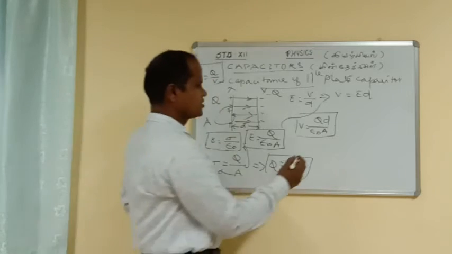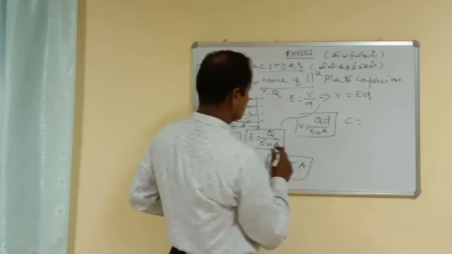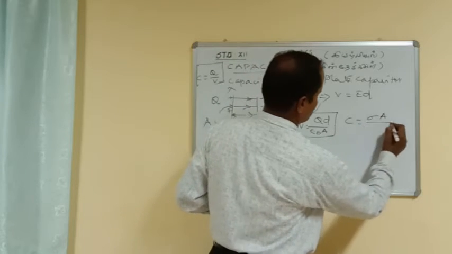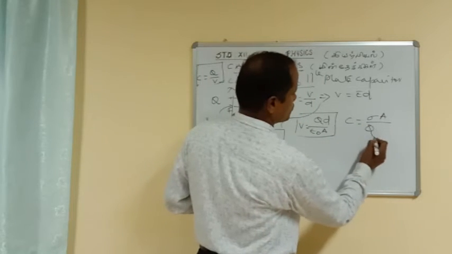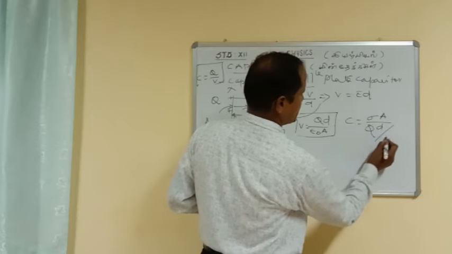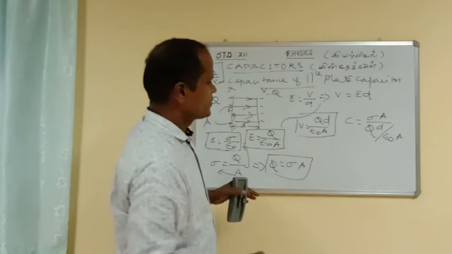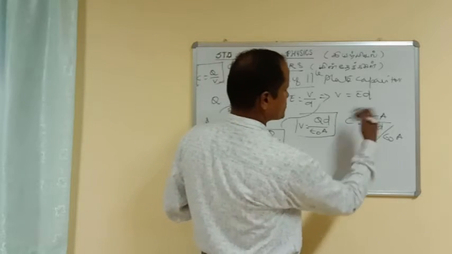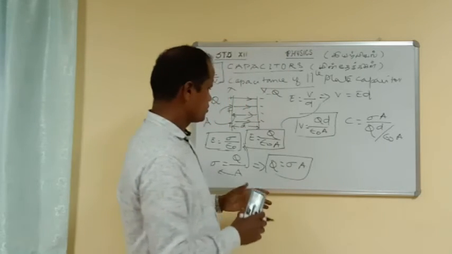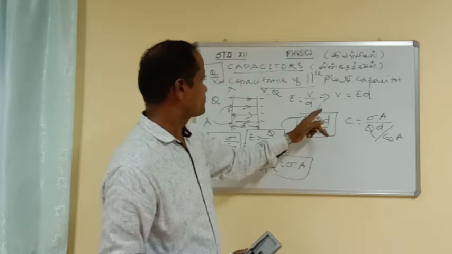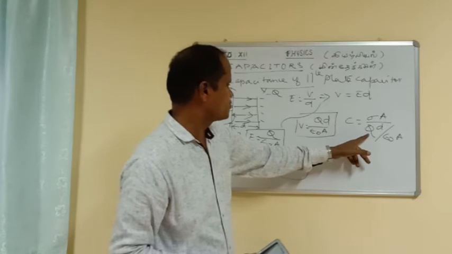C is equal to what? C is equal to Q by V. Q value is sigma A, V is Q d by epsilon naught A. See here, substitute these values. So this becomes what?